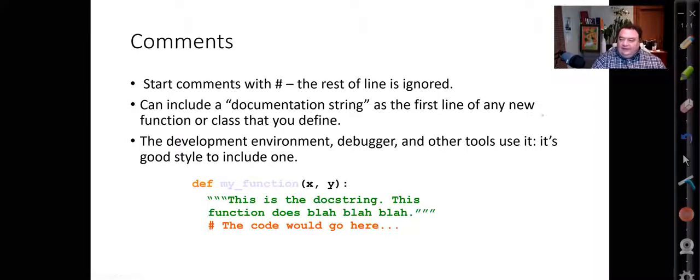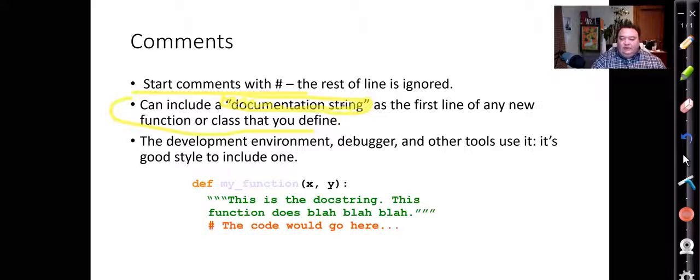Notice that I started to talk about comments: whenever you put a pound symbol, from that moment on the line, it's a comment, so it's not an actual part of the code that gets executed. There is some additional, what we call documentation string. Those are really important when you start writing code that other people want to use.